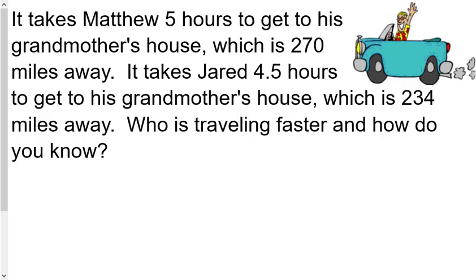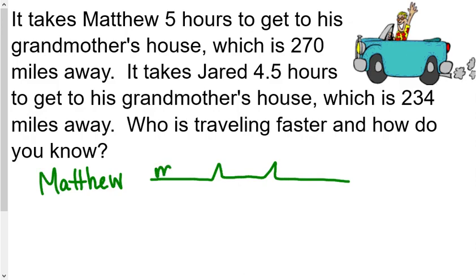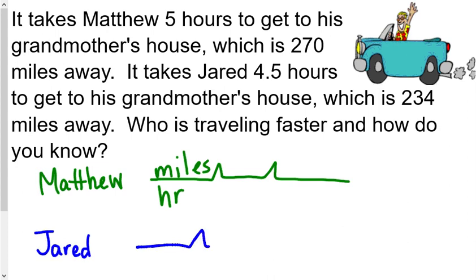So we're going to have Matthew, and his speed is measured in miles per hour. And then we're going to do the same thing for Jared. And we're going to compare the number of miles per hour.